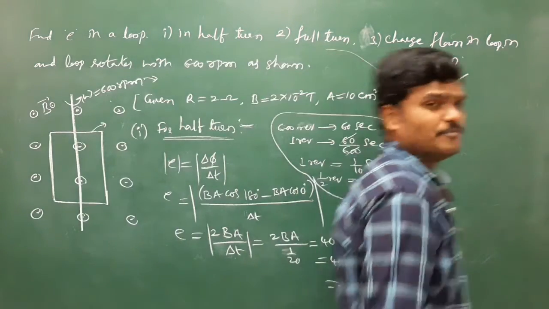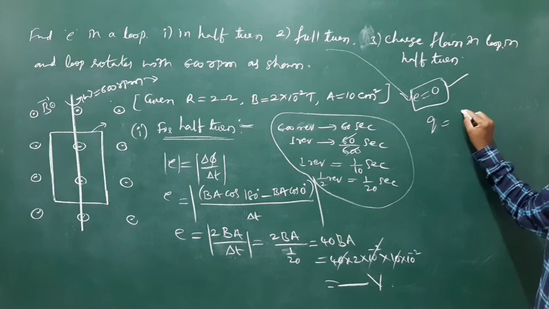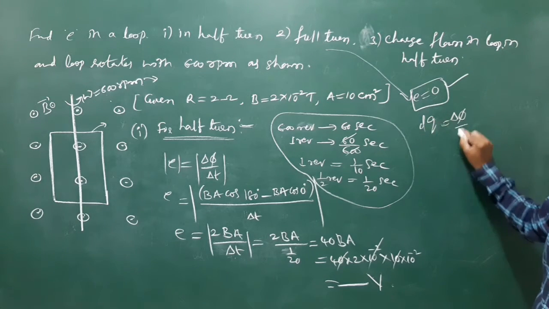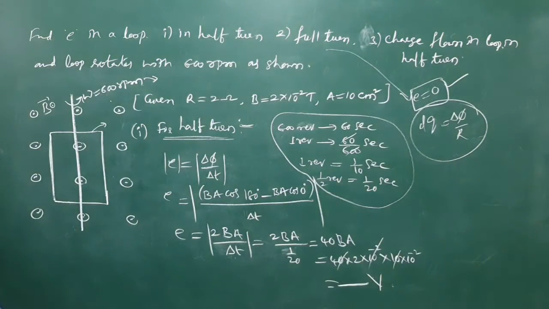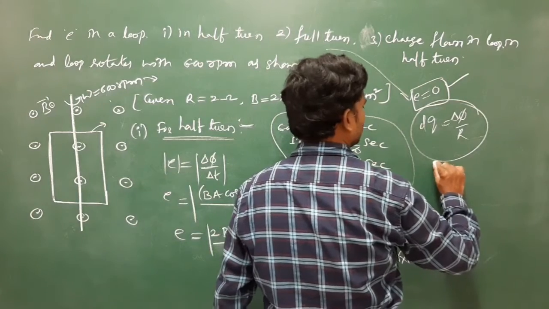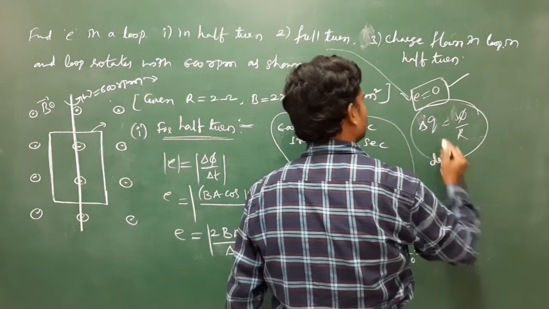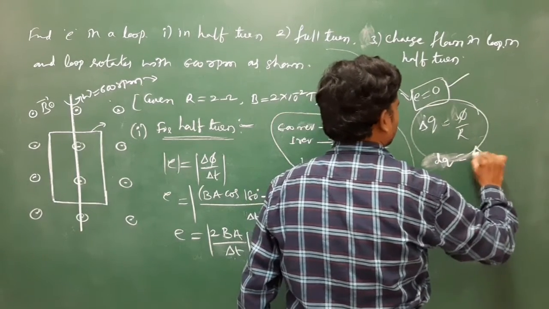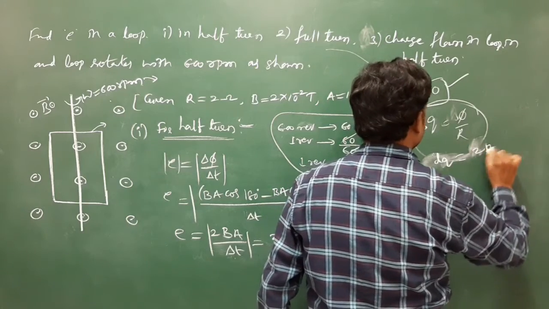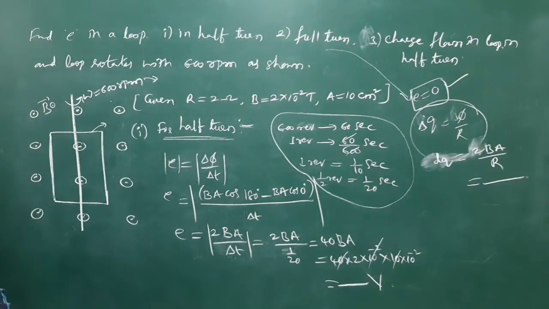And the charge flown in the loop for half turn. Just to recall the formula, charge flown is delta phi by R. So delta q is equal to delta phi by R, and delta phi is 2BA, so 2BA by resistance.